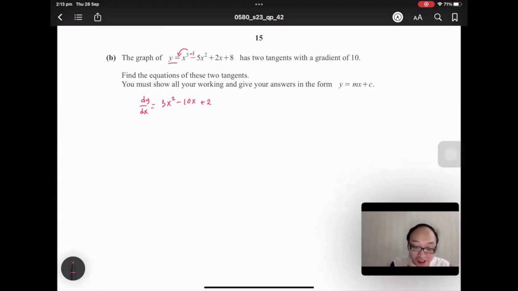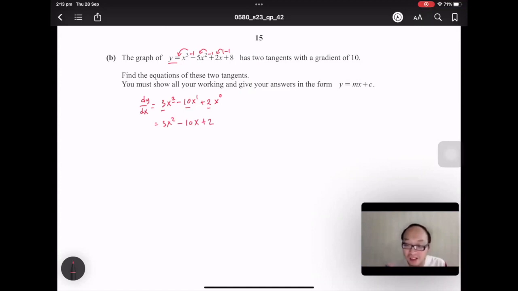Yeah, 3, and then x to the power of 2. This one, 5 times 2 becomes 10, and then the power minus 1 becomes 1. This one is 1. 1 times 2 is 2, and then the power minus 1 is 0. So x to the power of 0 is only the constant. So 3x squared minus 10x plus 2.